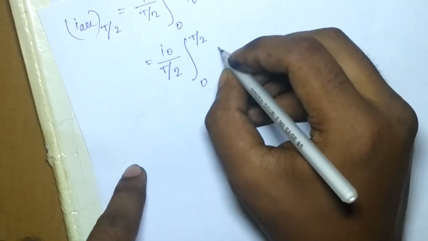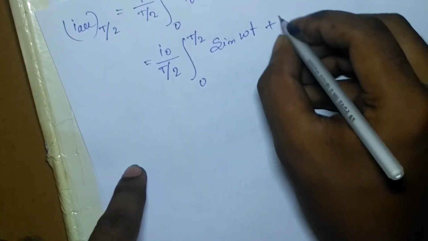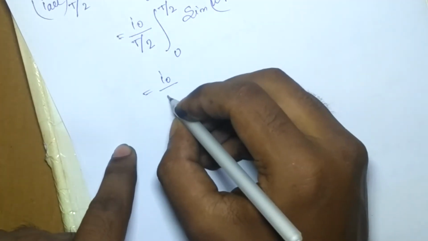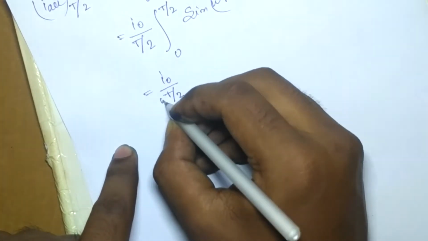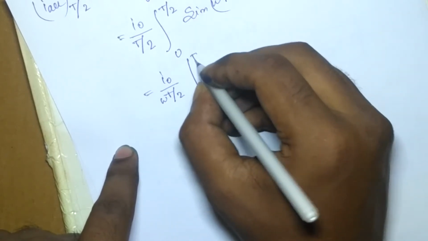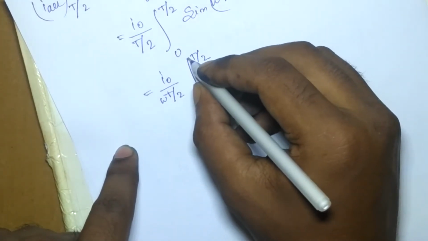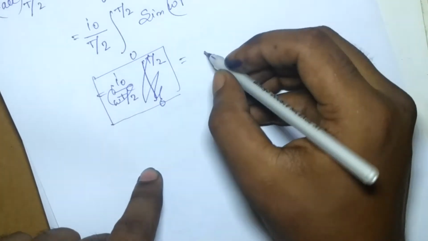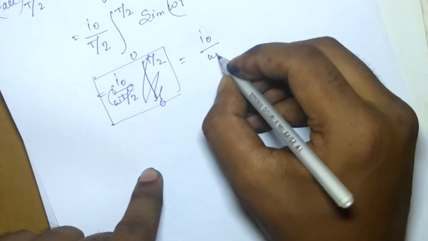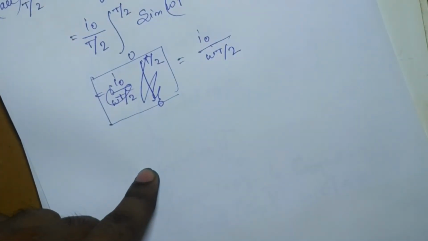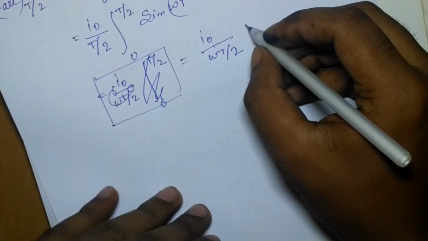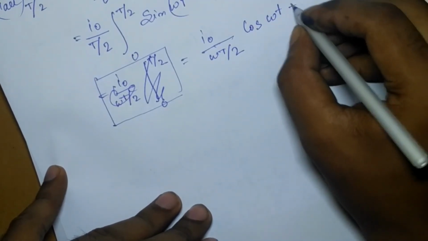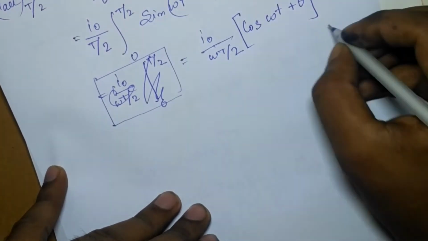So it will be I0 by (T by 2) times minus 1 by omega, cos(omega t plus theta) from 0 to T by 2.